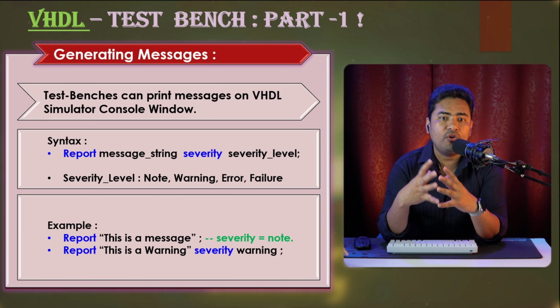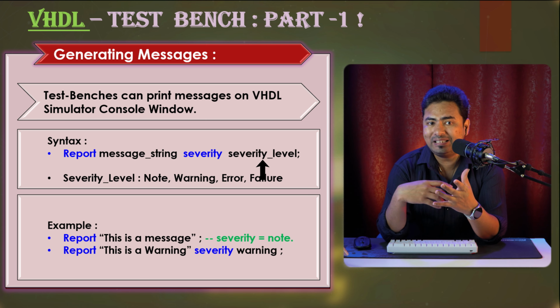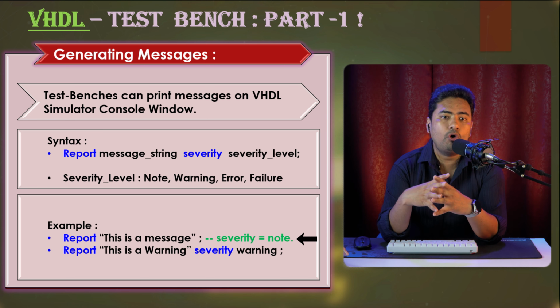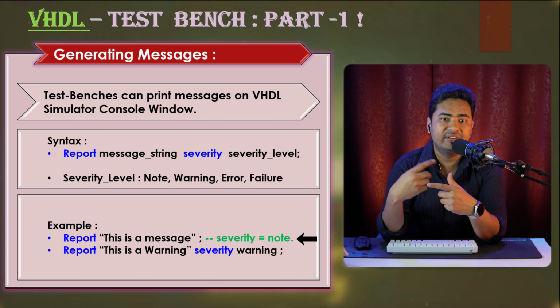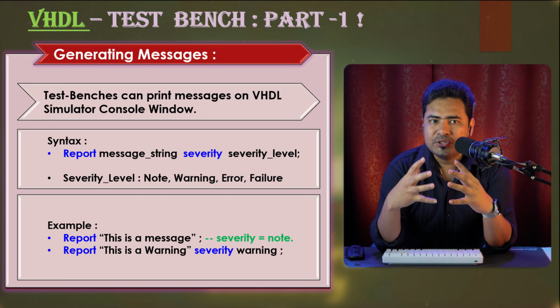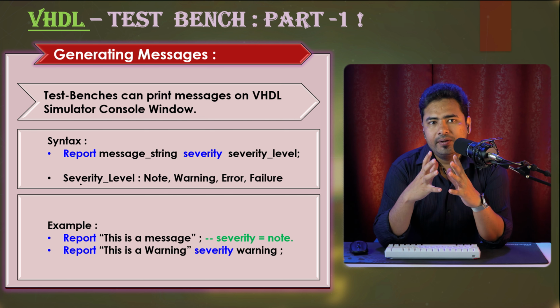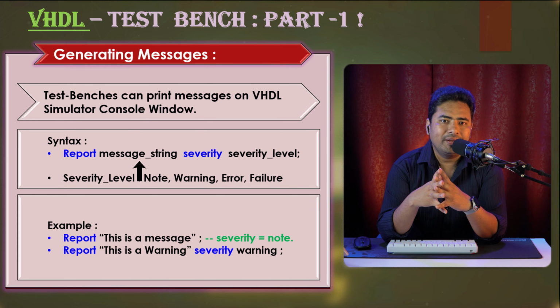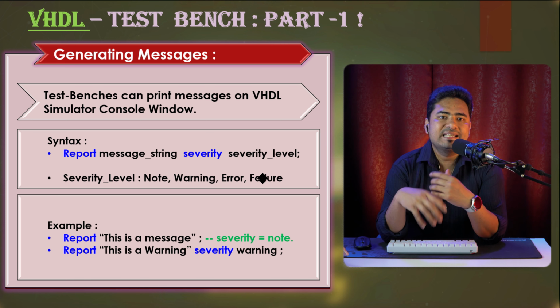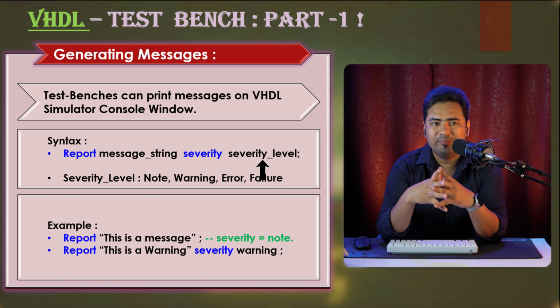If you do not define any severity level in your message, then it will by default be considered as note severity. So the VHDL syntax is report, message string, then severity, severity level, semicolon.